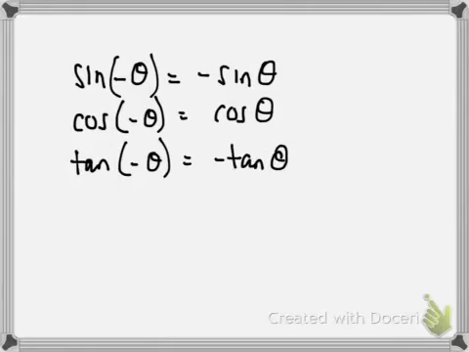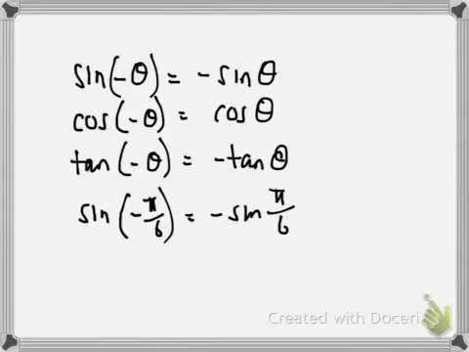So practically, if we took, let's say, pi on 6 as our example, the sine of negative pi on 6 will be the same as the negative of sine pi on 6. Sine pi on 6 is 30 degrees, which is a half, so it'll be negative 1/2. That's how it works in practice.